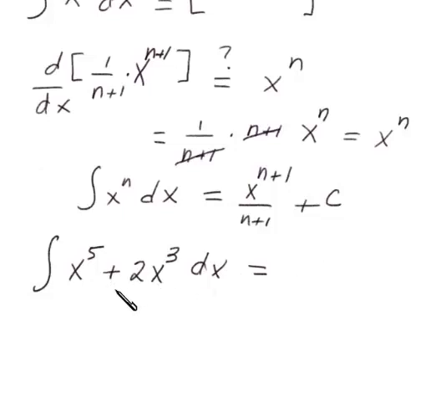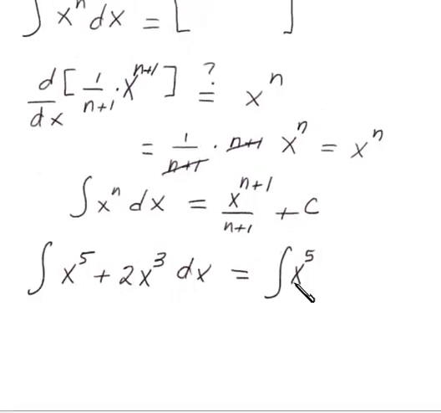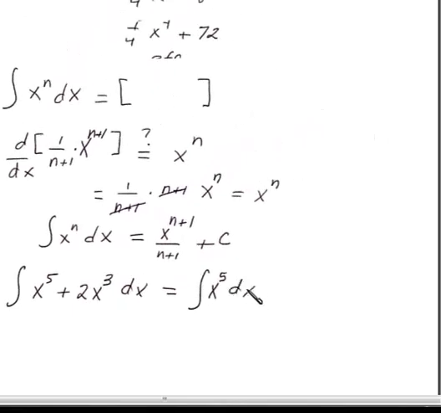So I've got a sum here, and by calling it a linear operator, I'm telling you that you can express the antiderivative of the sum as the sum of the antiderivatives.